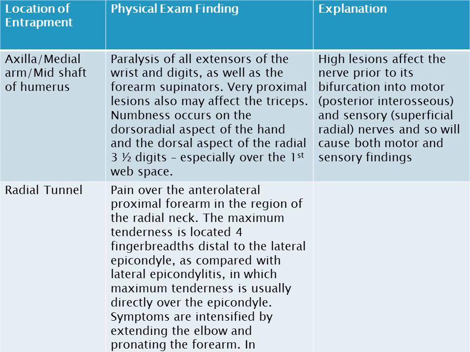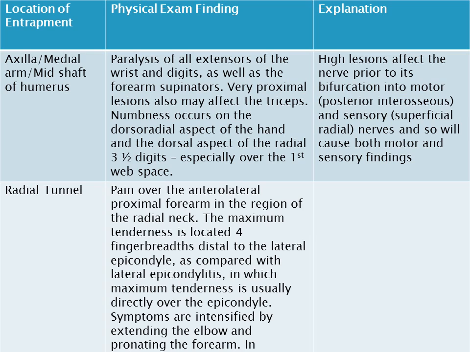Also, with compression of the radial nerve in the radial tunnel, you'll find that symptoms would be intensified by extending the elbow and pronating the forearm. Pronating the forearm causes a stretch on the supinator muscle and will compress the radial nerve as it dives underneath the supinator muscle.